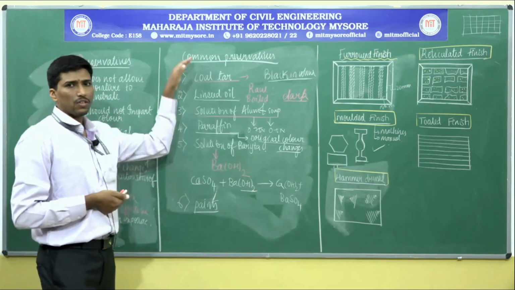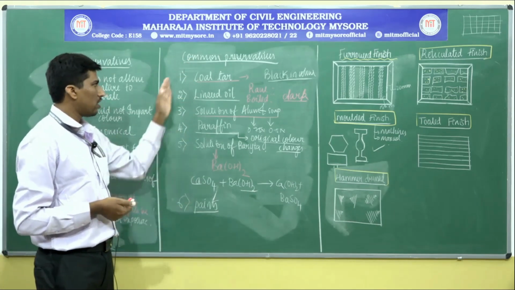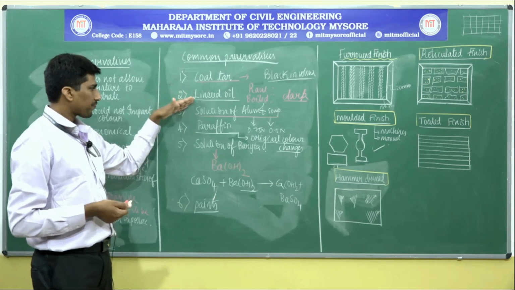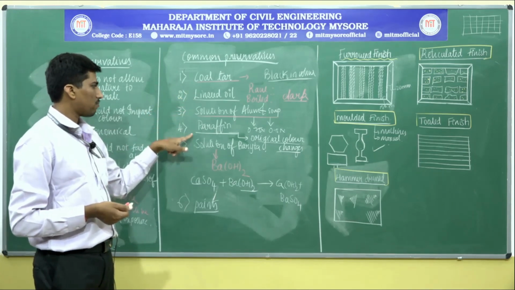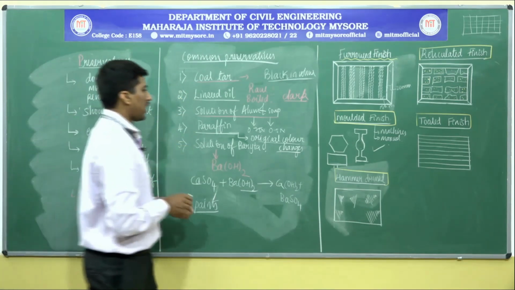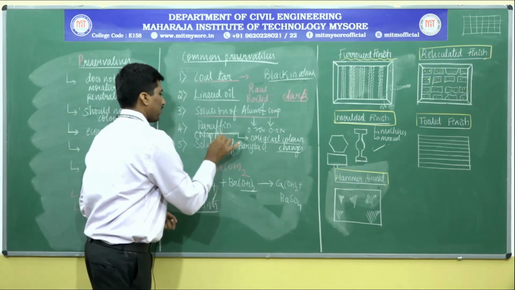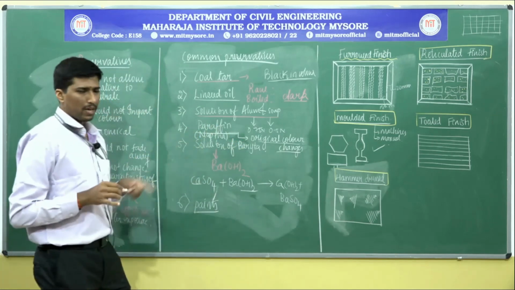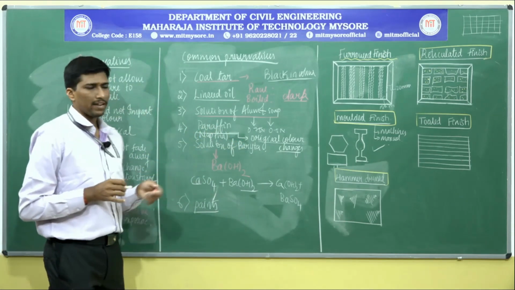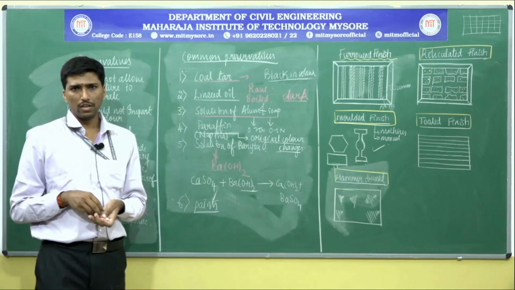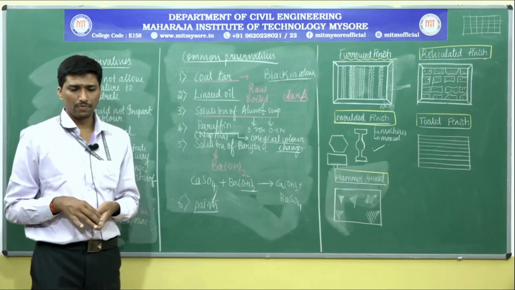Hence, we come across the usage of the common preservatives: coal tar, linseed oil, solution of alum and soap, paraffin, which we call naphtha, solution of baryta, the barium solution, and paints. They are utilized for the preservation of the stones.